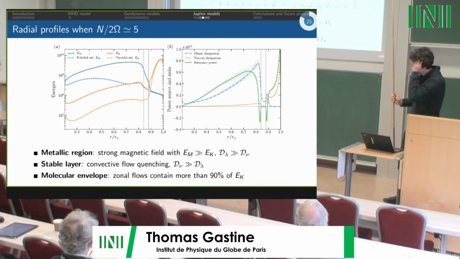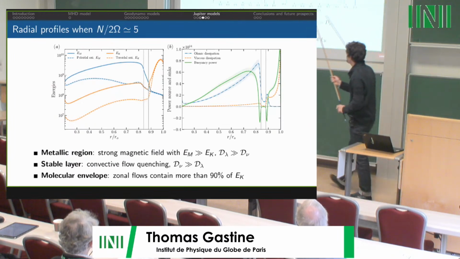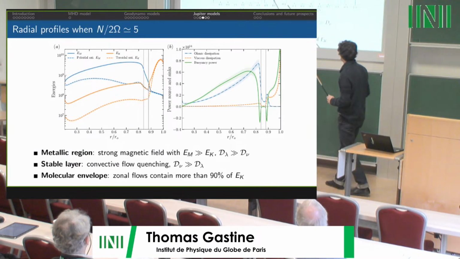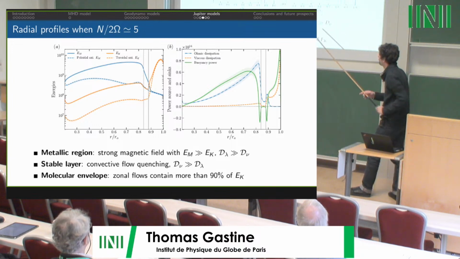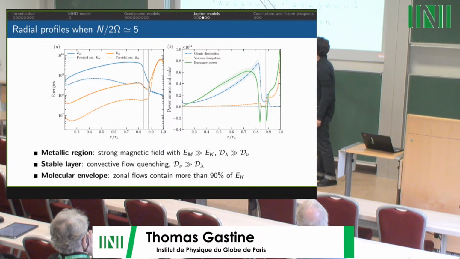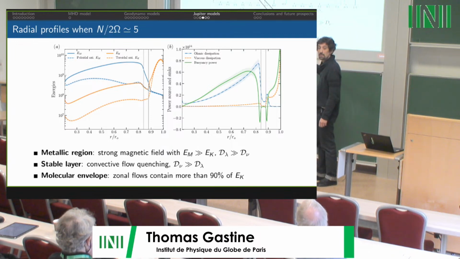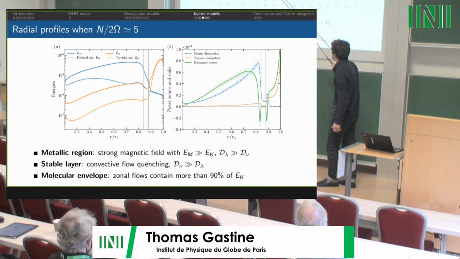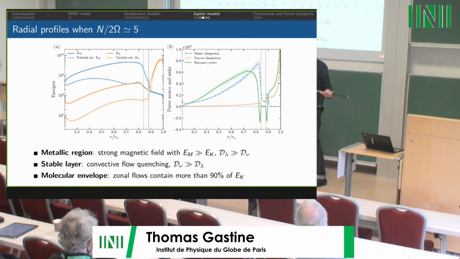So if you look at the kinetic and magnetic energy distribution as a function of radius, and again the power source and things as a function of radius, you see that in blue, the magnetic energy is more than one order of magnitude larger than the kinetic one in the metallic core. And then when the electrical conductivity decreases outward, you have a rise of the kinetic energy. And in detail, this kinetic energy is dominated by this dashed line, which is the toroidal axisymmetric energy.